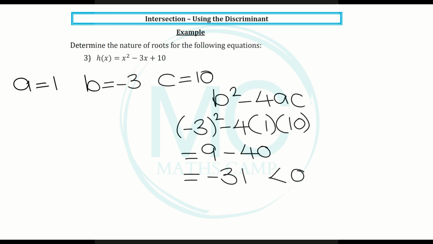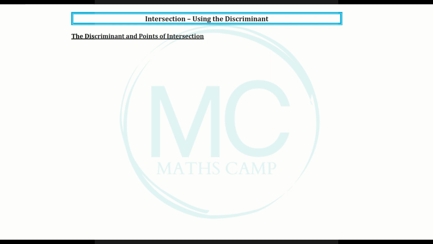Now that we have a general idea of the discriminants, let's look at how we work with points of intersection. We use the discriminant to determine the number of times two graphs intersect. We can consider two curves, a curve and a line, or a circle, but we cannot consider two straight lines. We have to use at least one quadratic equation.